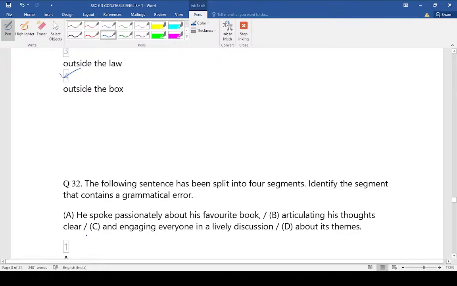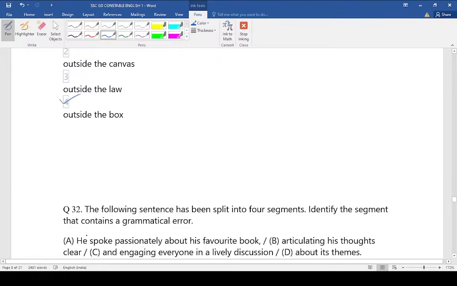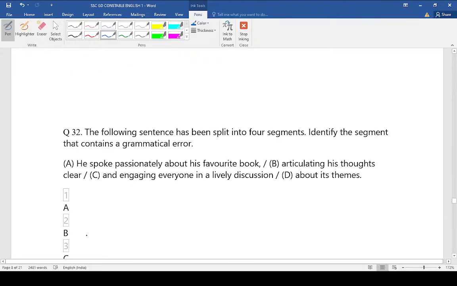The following sentence has been split into 4 segments. Identify the segment that contains a grammatical error. He spoke passionately about his favorite book, articulating his thoughts clear, and engaging everyone in a lively discussion about its themes. So what will be the incorrect one?